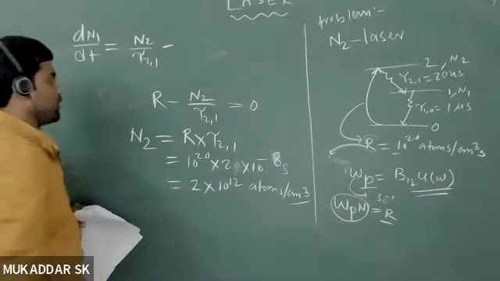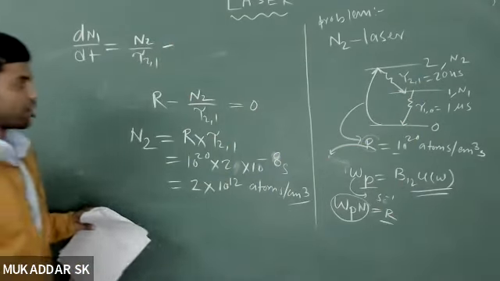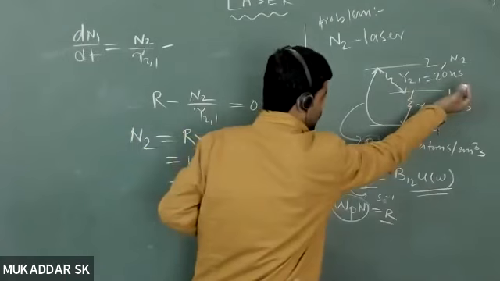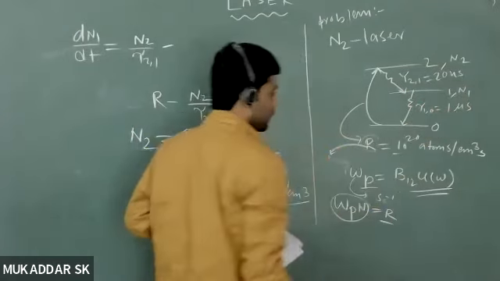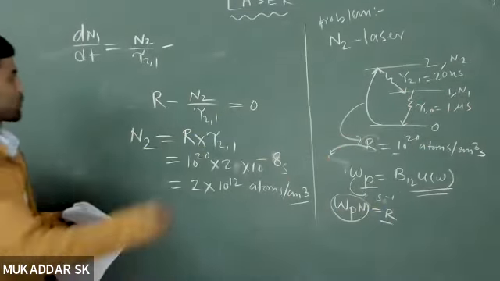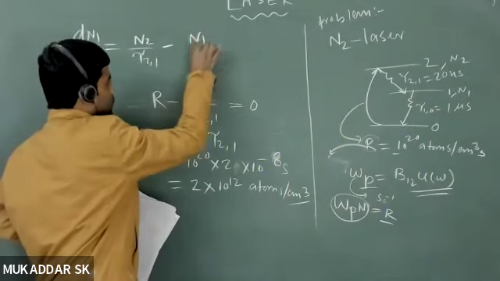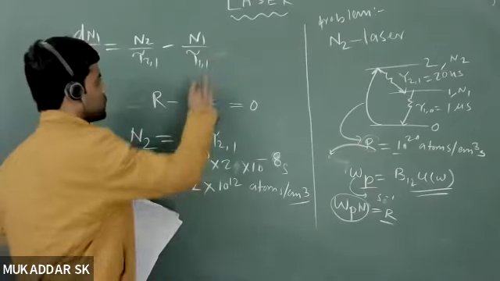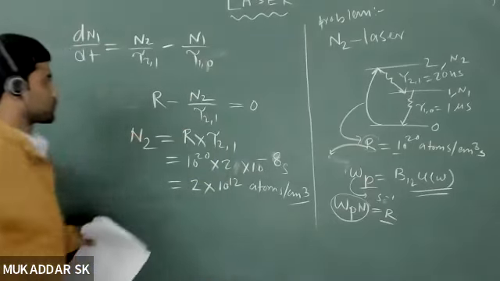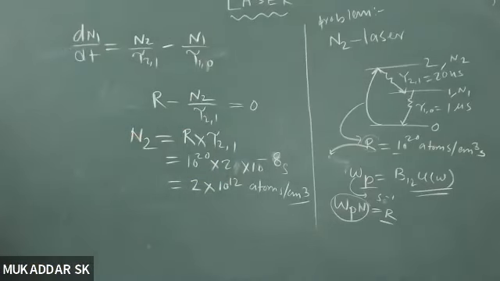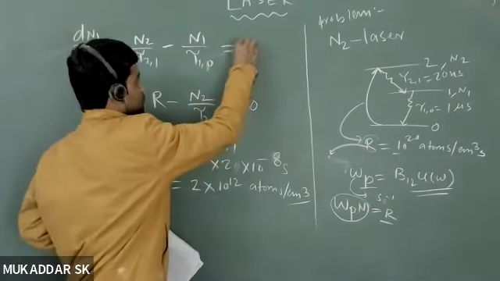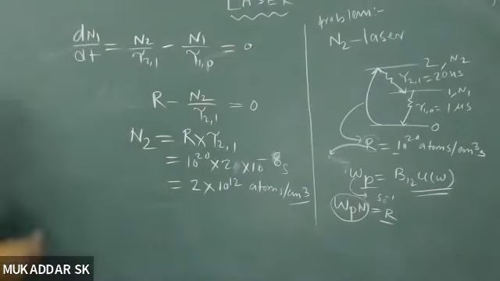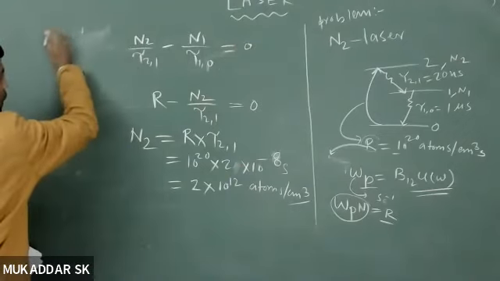I'll use minus sign. At what rate? That will be population of level one divided by lifetime of this decay. So this will be N1 by tau of 1-0. At thermal equilibrium, this should be equal to 0.